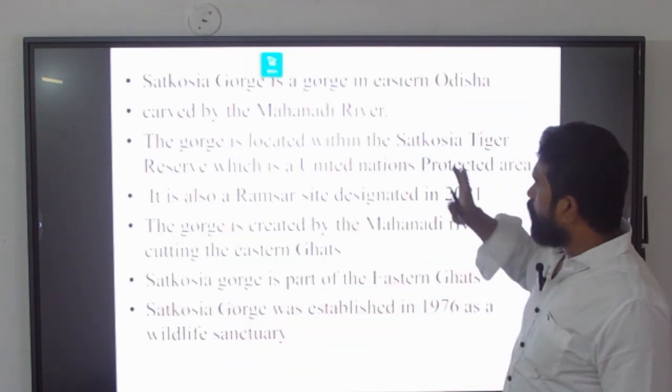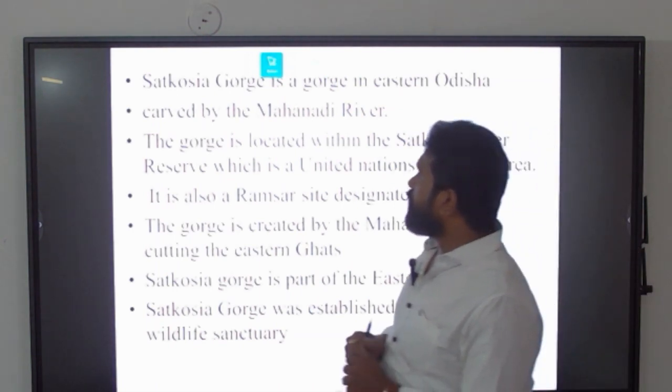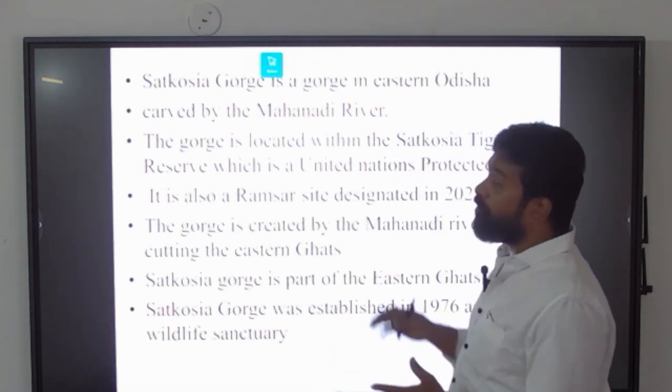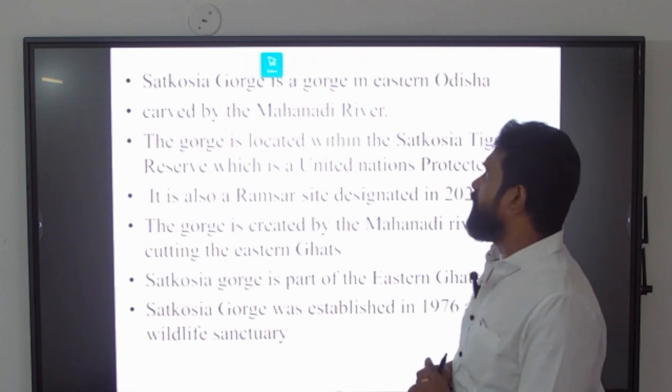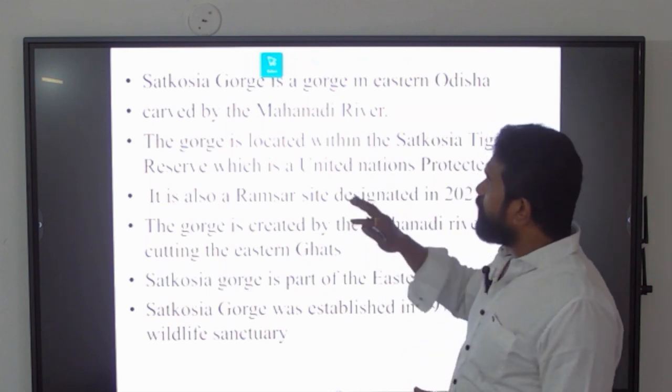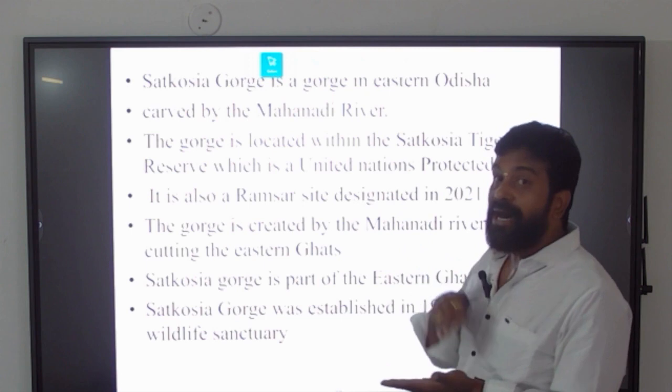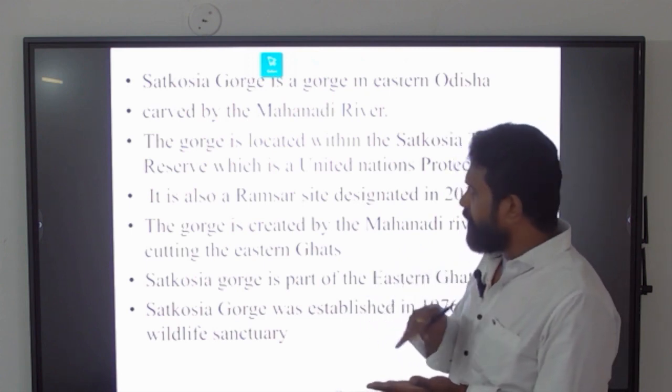You see, what is in that news? Satkosia Gorge, which is in eastern Odisha, is carved by the Mahanadi river.